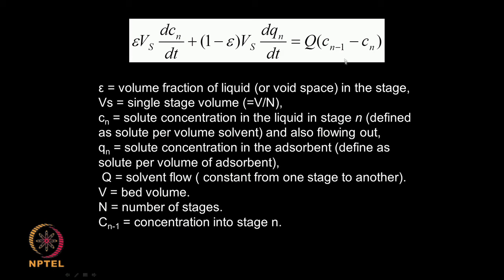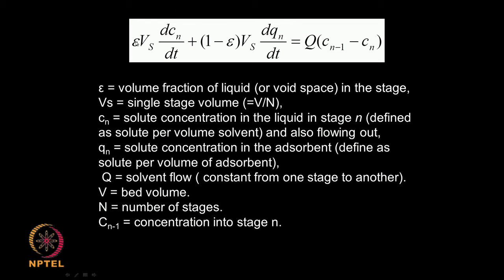This is a differential equation, because C(n-1) is the concentration of the solute in the mobile phase entering, Cn is the concentration of the solute in the mobile phase leaving the stage n, and Qn is the concentration of the solute in the stationary phase in stage n.